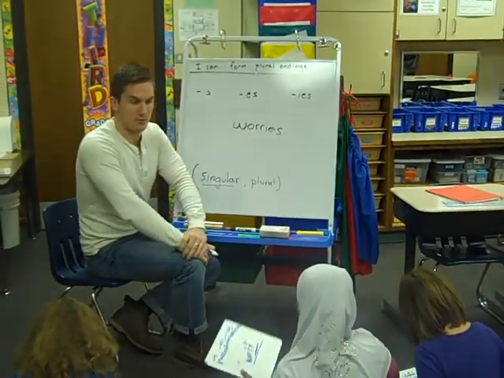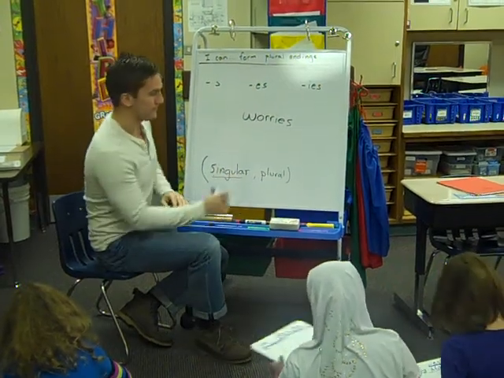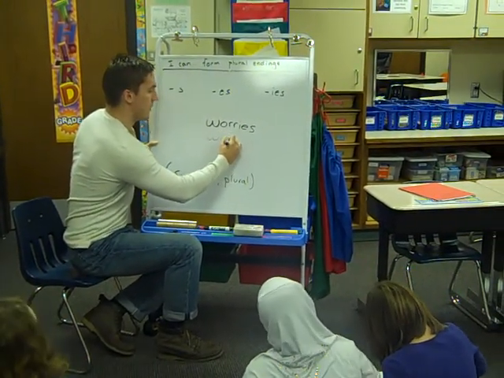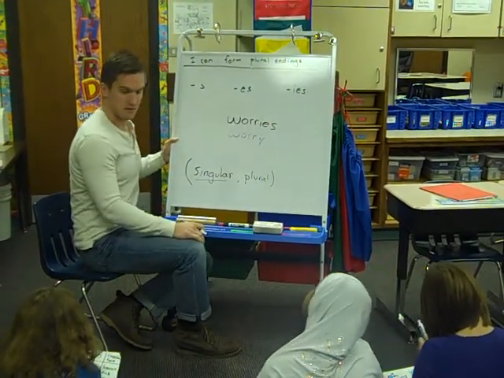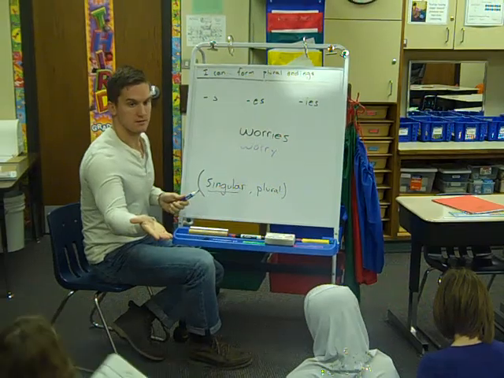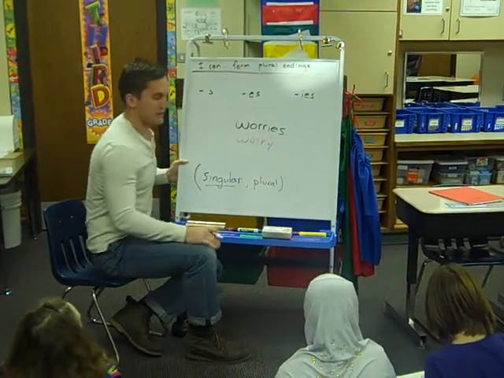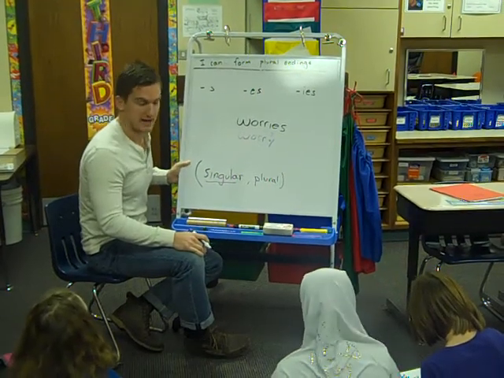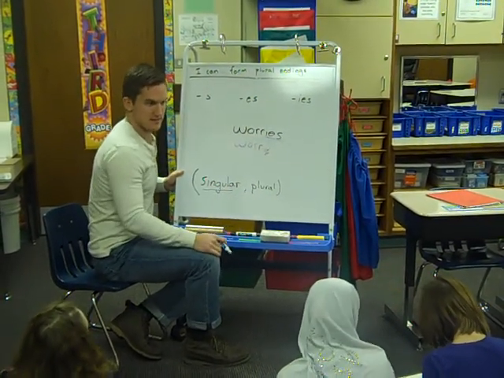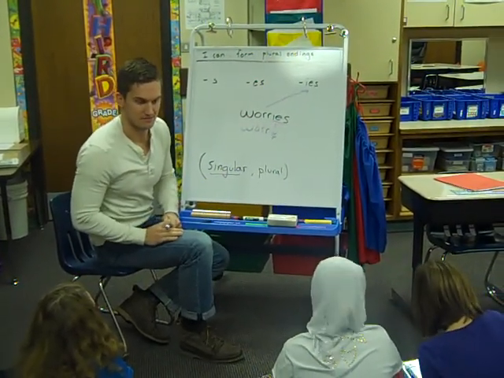This is what I heard from almost every group. Well, partner number 2, this is the singular form of worry, W-O-R-R-Y. I see the last 2 letters in worry are a consonant and then a Y. When the last 2 letters are a consonant Y, I know I need to drop the Y and add I-E-S. So worry should have gone in the I-E-S column.